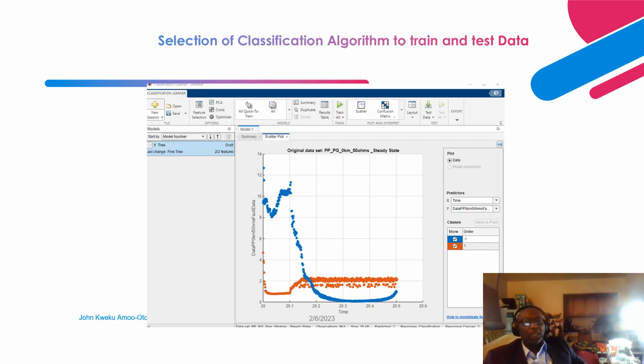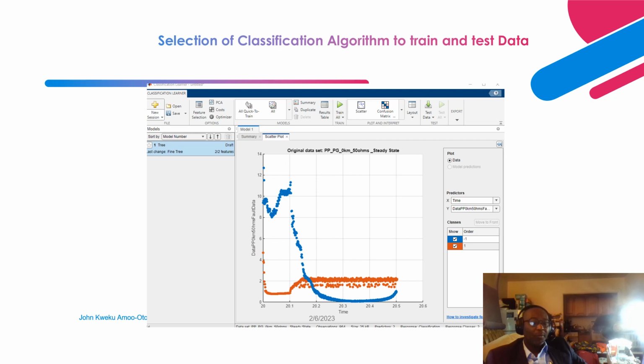Okay, so on the previous slide, I showed you your data that has been processed in a format to be understood by the classifier learner algorithm. Then you select the start button that is shown on the previous slide, right? Okay, so once you select the start button, then this window is going to come up, right? Okay, so over here are all your algorithms.